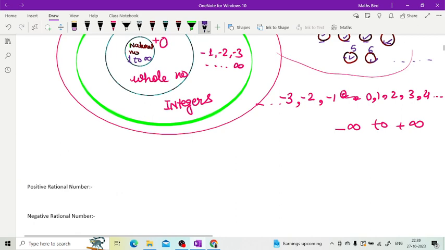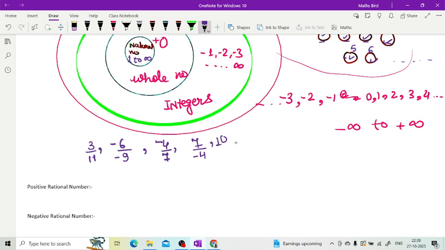So I am giving you some examples. If I am writing 3 by 11, minus 6 by minus 9, minus 4 by 7, 7 by minus 4, 0 sorry not 0, 10, minus 10, right?